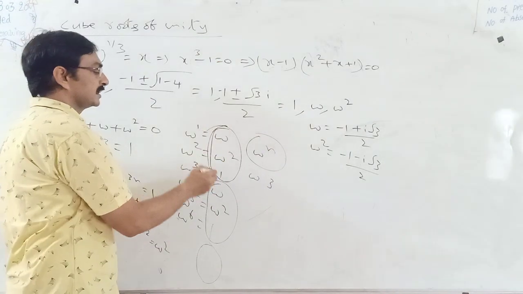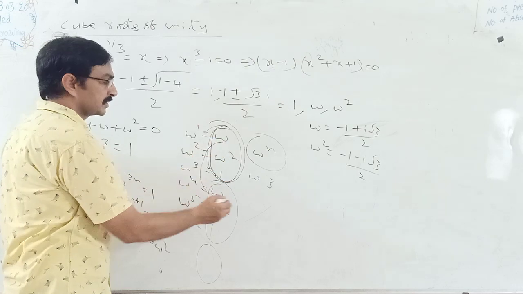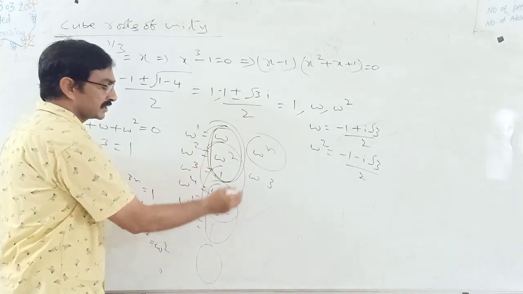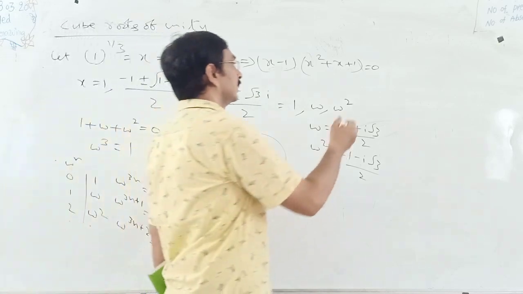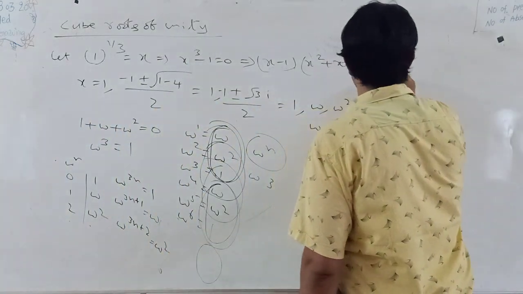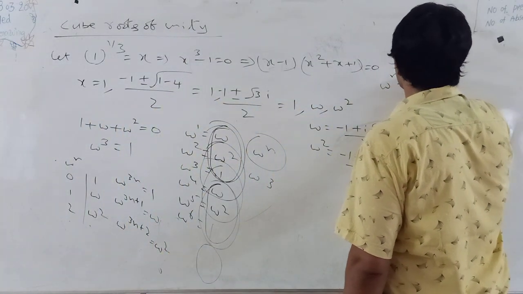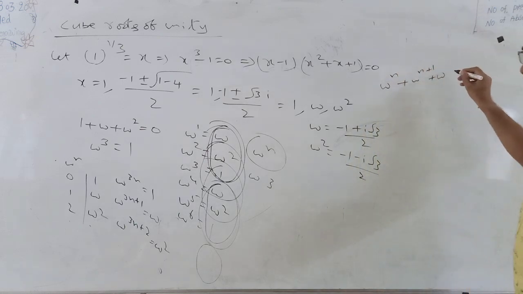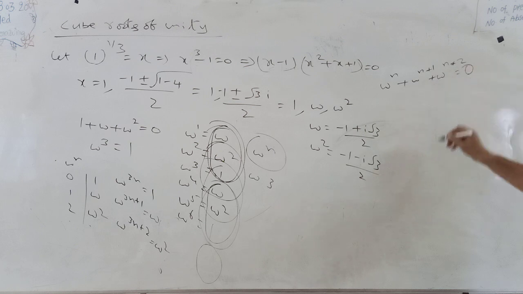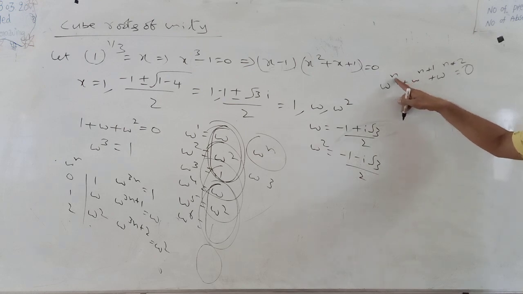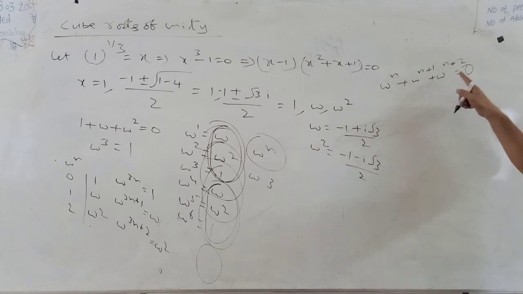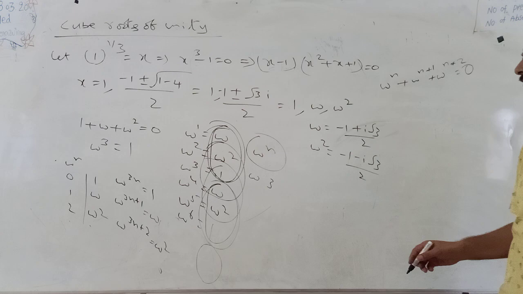See, the sum of these three values is 0. The sum of the next three values is 0, and so on. So omega power n plus omega power n plus 1 plus omega power n plus 2 is always 0. n, n plus 1, n plus 2 are three consecutive numbers. For any positive integral value of n, the sum of these three values is always 0.